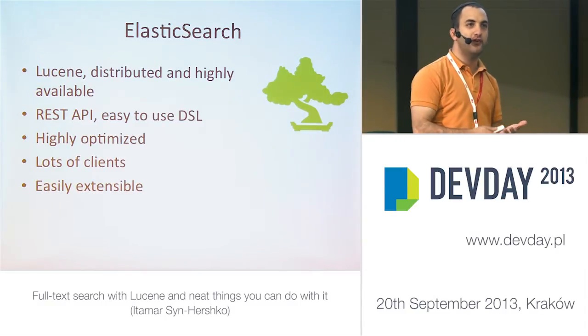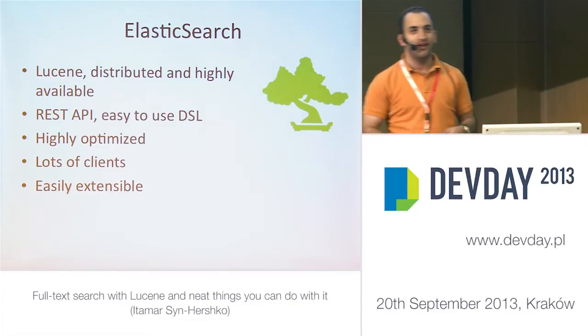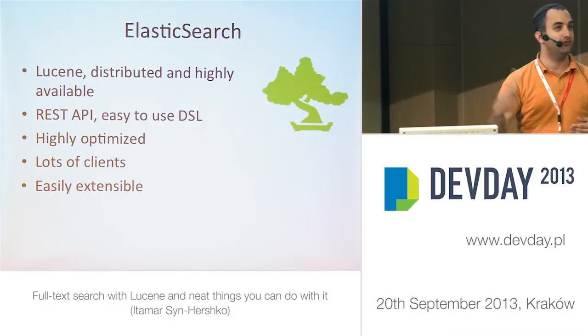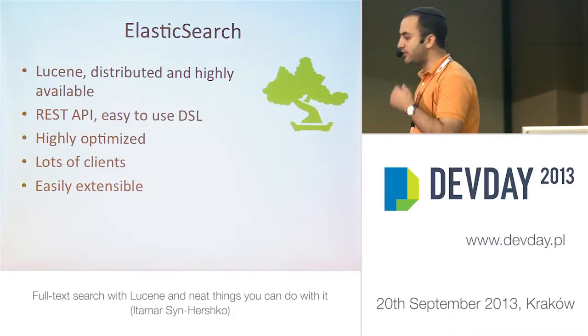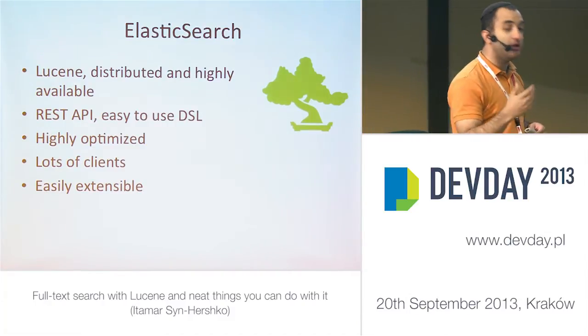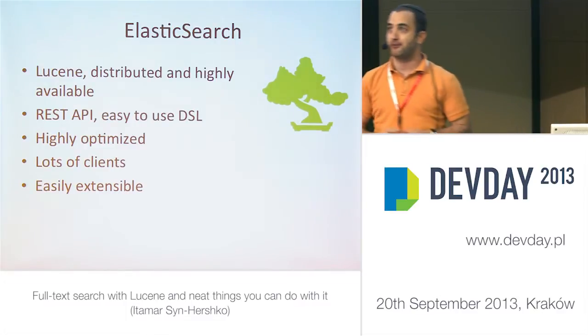But if you write in .NET, how many here are .NET developers? Full room, almost. So if you use .NET, for example, you would go with a library called Nest, which is implemented on top of the REST API.